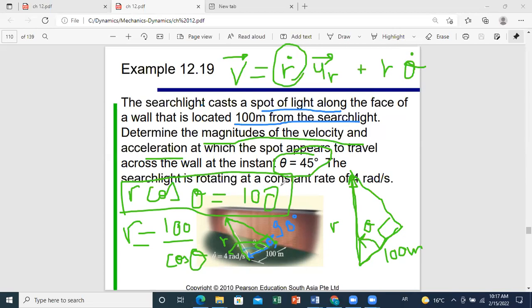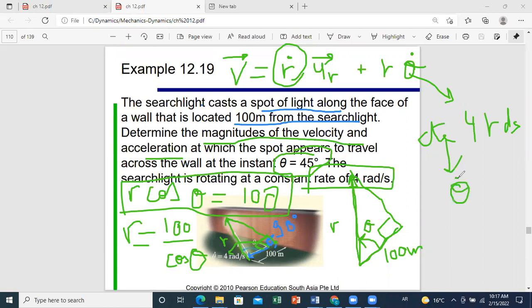They gave me in the given that the searchlight is rotating at a constant rate of 4 radians per second. So theta dot is given, it's a constant equal to 4 radians per second. Since it's a constant, you can directly deduce that theta double dot will be 0, and you will use it for the acceleration.